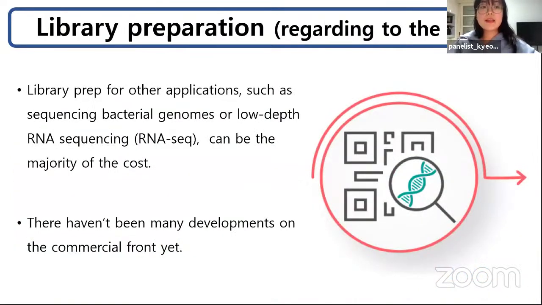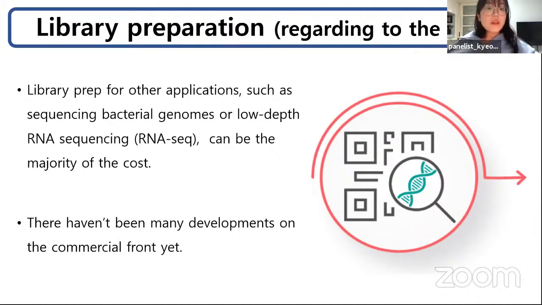Next, there are some limitations in library preparation. Although the major sequencing platform companies have spent years bringing down the cost of generating raw sequence, the same has not been true for library preparation. Library preparation for human whole genome sequencing, at about $50 per sample, is still a relatively minor part of the total cost.